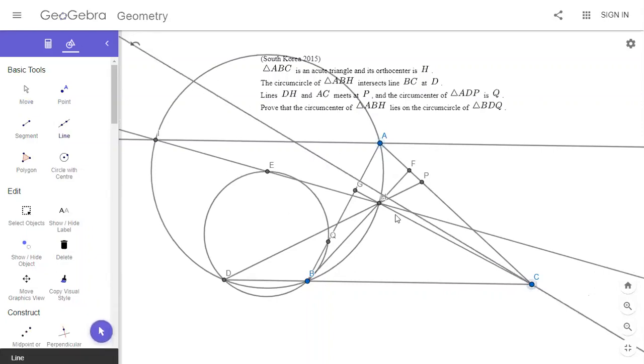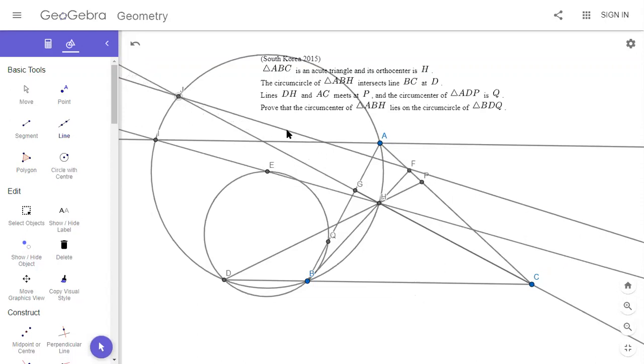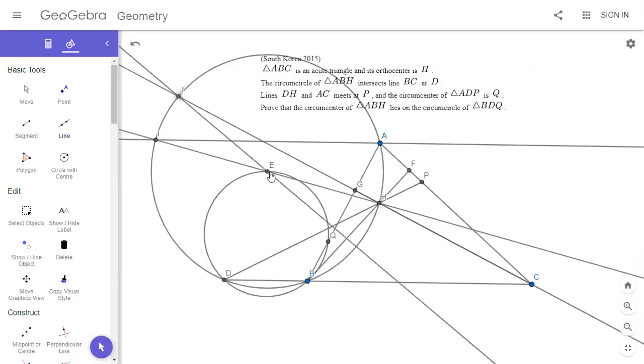And let's even do this. The reflection of C over AB is point J, and IBA is congruent to ABC. So since IBA is congruent to ABC, you're saying I, E, and H have to be collinear.